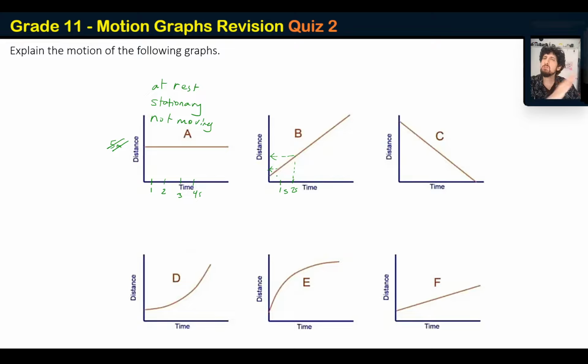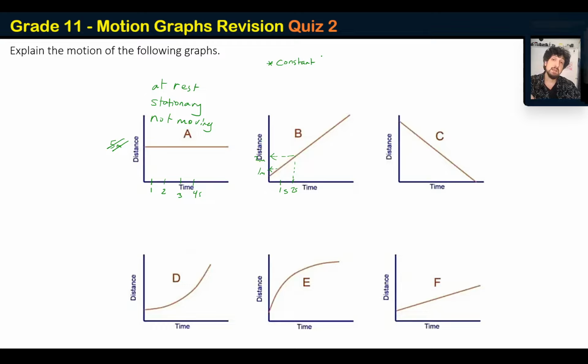Now we just need to figure out, is it positive or is it negative? Is the increase going upwards or downwards? We can see that it increases positively. So if that's 1 meter, that's 2 meters, and so on. Here is how I would describe this. First of all, it is constant speed, and I should say speed instead of velocity because that's distance, not displacement.